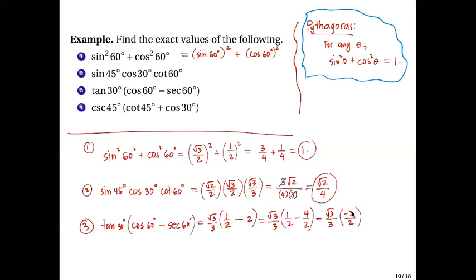And therefore, we can cancel out the 3 and the 3 here and get negative square root of 3 over 2 as the final answer. Okay?